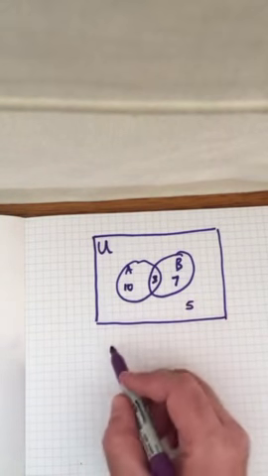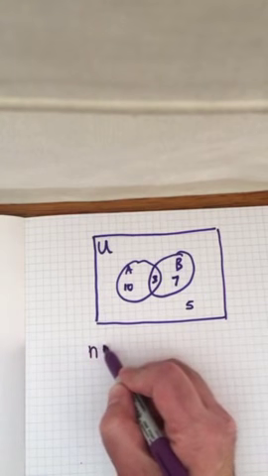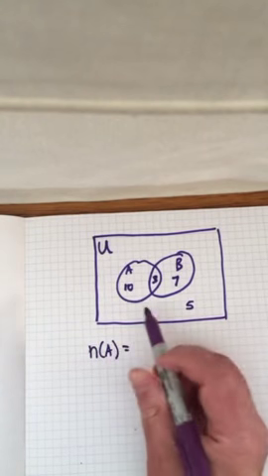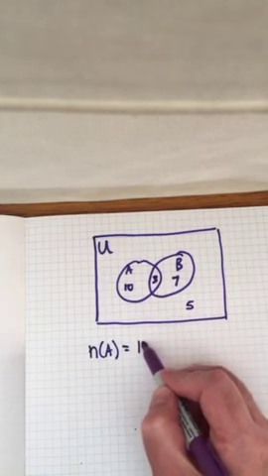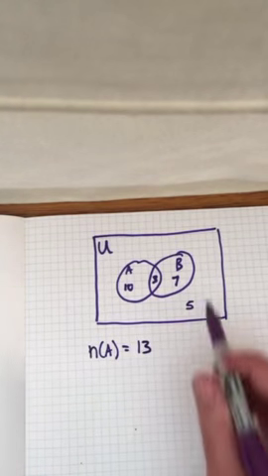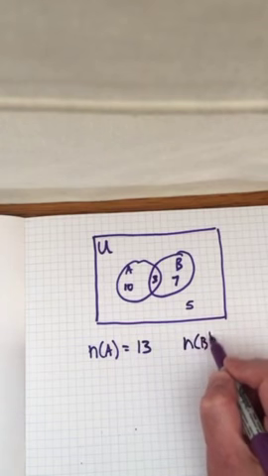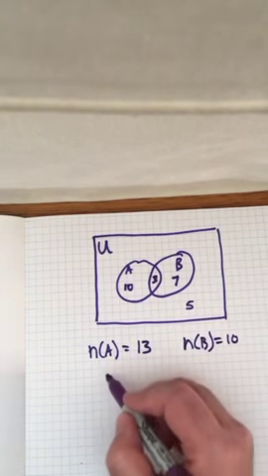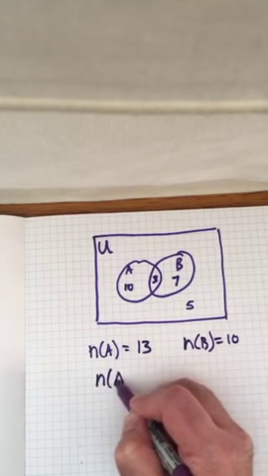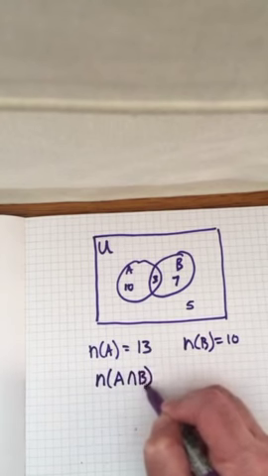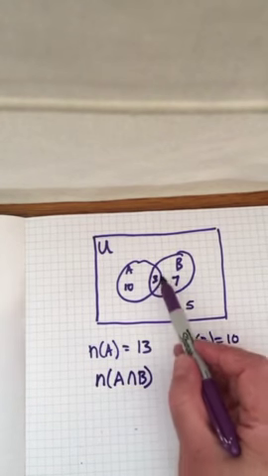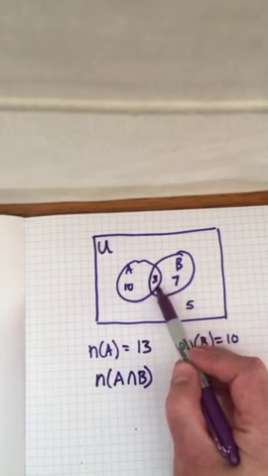If I were to write these out here, I could say the number of elements in set A, I would have to add them up. 10 plus 3 gives me a total of 13. And in this case, the number of elements in B would be equal to 10. The number of elements in A intersect B, which you remember from chapter 6.1, means what's the number of elements in between both of them.